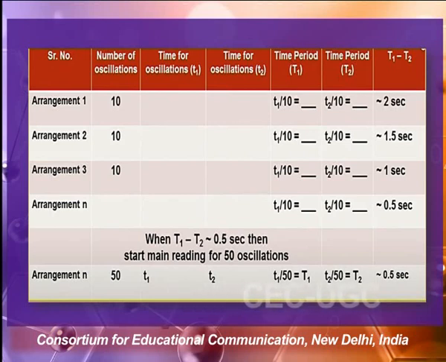When T1 minus T2 is approximately 0.5 second, start the main reading for 50 oscillations and calculate T1 and T2. Let us suppose T1 for the wooden side and T2 for the metal side; the choice is yours.